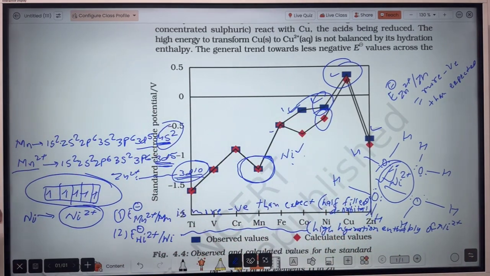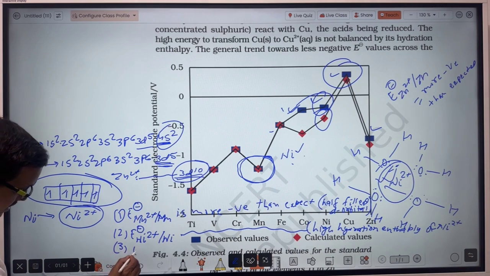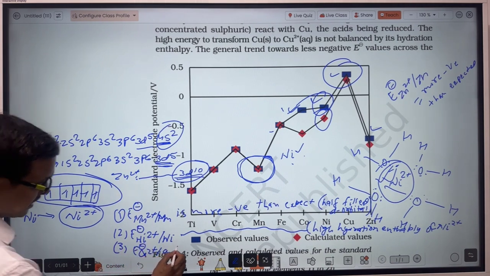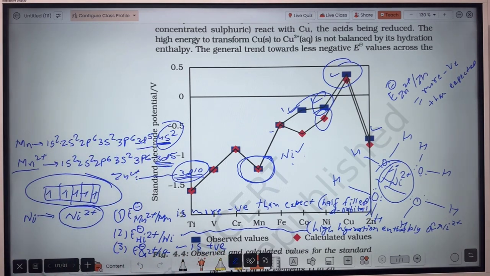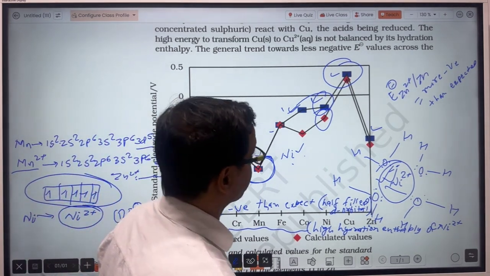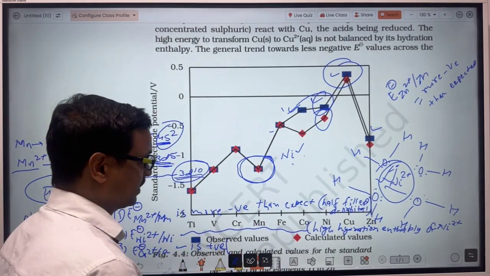The third exceptional point is the standard electrode potential of Cu2+/Cu, which is positive. What's the reason here?